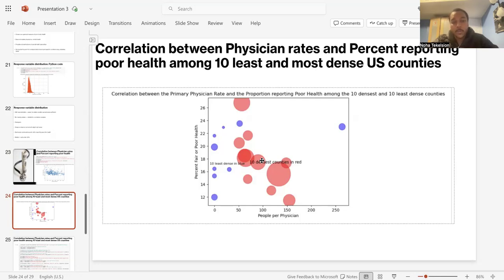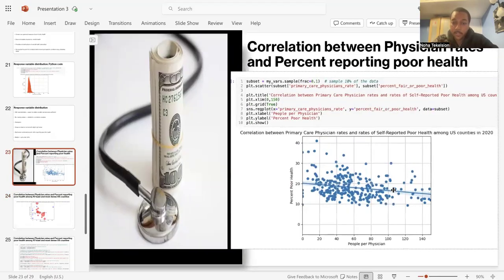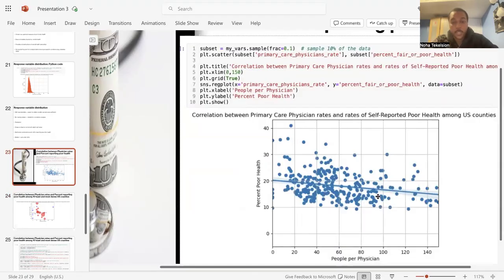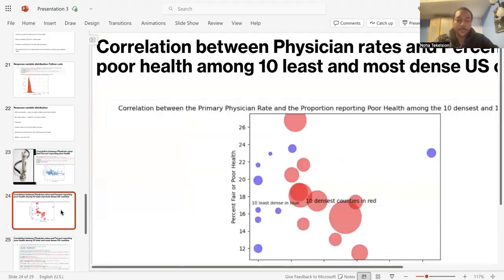What seems to be going on is these dense counties, as they get less access to physicians, so more people per physician, the percentage of them saying they have poor health actually falls. So that actually supports what we found in this scatter plot, right? Less access to physicians, less people reporting that they have poor health. Okay, interesting.